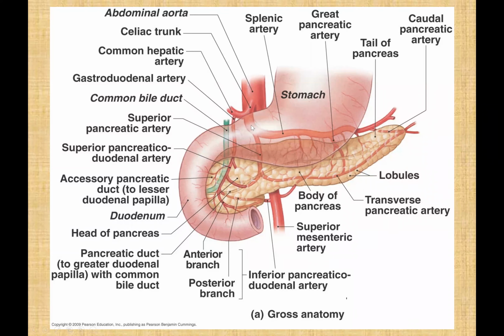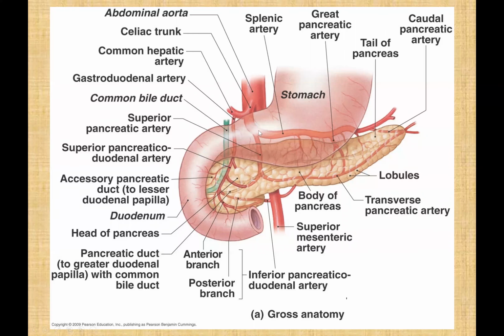At this side, you have the superior pancreatic artery, which will also give some form of blood supply to the pancreas. And from the splenic artery, it also gives the great pancreatic artery, which connects the splenic artery to the transverse pancreatic arteries, which are branches of the superior pancreatic artery.